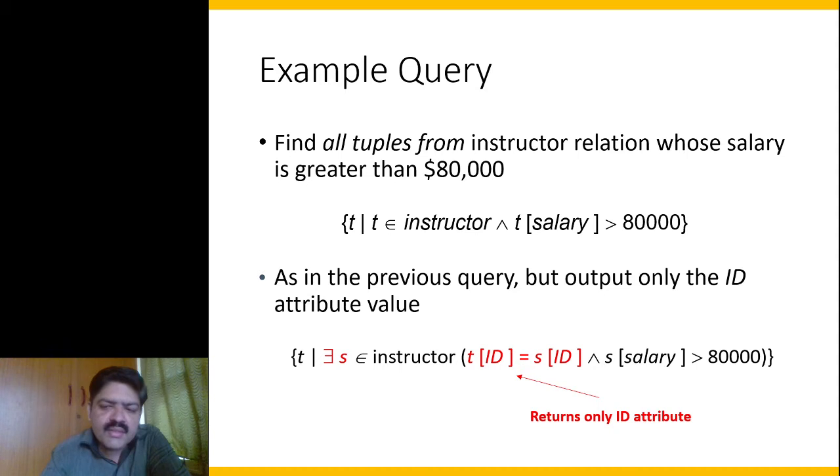The assignment tells us that the output relation should contain only the ID attribute. If we are interested in other attributes, we would have included them as T of, let's say, name equals S of name and so on, in the conjunction here. So we keep adding conjunctions for all those attributes that we are interested to get as output.